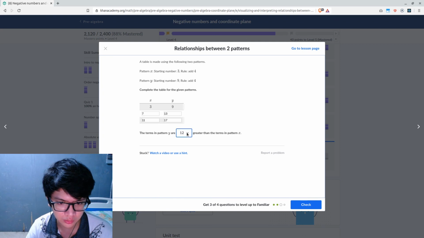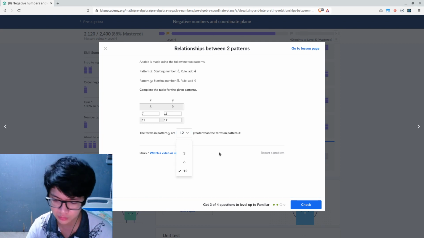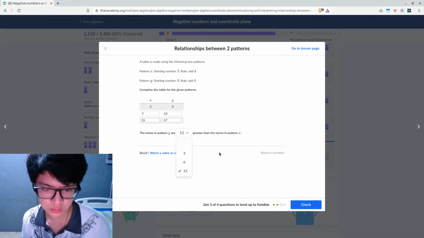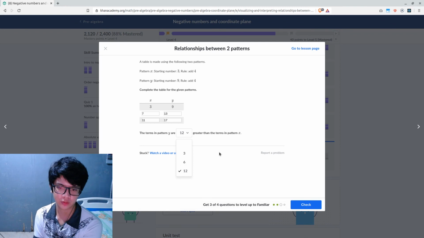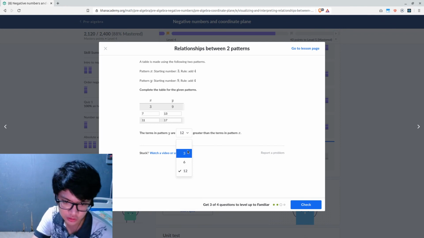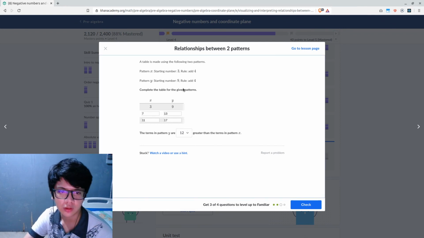This doesn't have any valid solution. Yo, this is insane. What is even this? Pattern X starting number 3. Rule add 4. So we have 4, 7, add 4, 11. Pattern Y starting number 9.